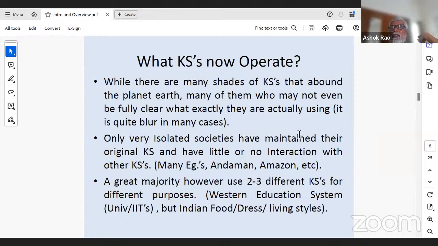Only very isolated societies have maintained their original knowledge system and have little or no interaction with other knowledge systems. For example, many of you may not have this exposure. We do have such societies in the Andaman Islands, plenty of them in the Amazon. I will show some of them. A great majority, however, use 2 to 3 different knowledge systems for different purposes.